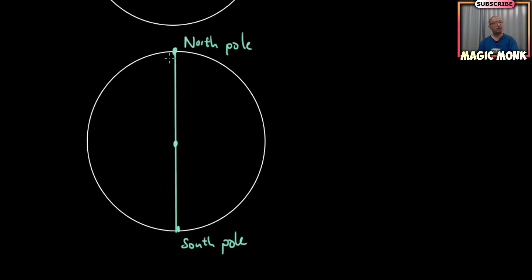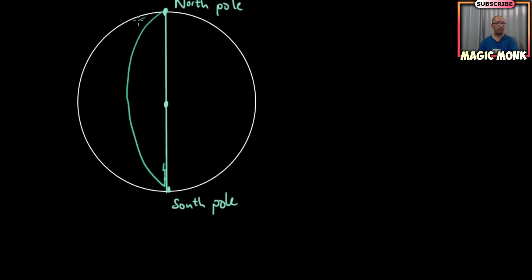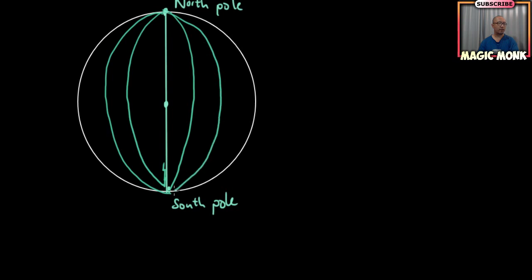If I drew a few more lines all going through the North Pole and South Pole, they would all be great circles. It's a bit hard to draw these lines, but all of these would be great circles.